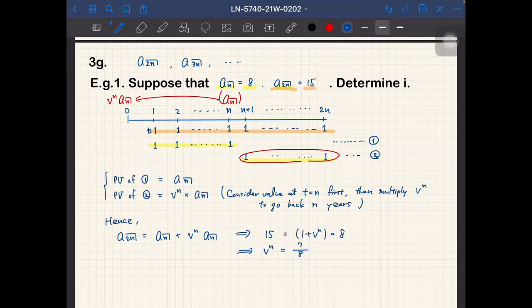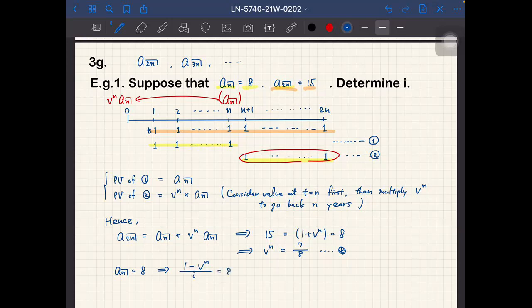So maybe one more trick. At first we get this one, then we can plug it into the original equation. a angle n is equal to 8, so a angle n is 1 minus v to the nth power over i, which is equal to 8.